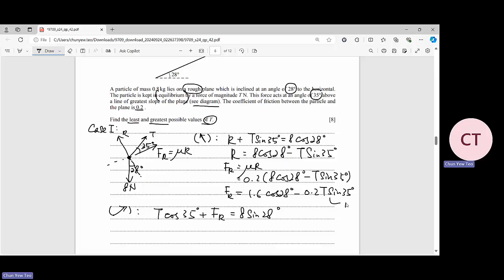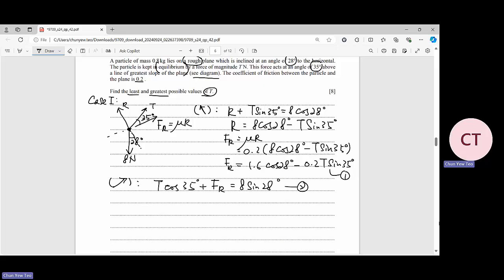This one I forgot to mention: this is equation number one, this is equation number two. Okay, 1 into 2. I get T cos 35 plus 1.6 cos 28 minus 0.2 T sin 35 is equal to 8 sin 28.